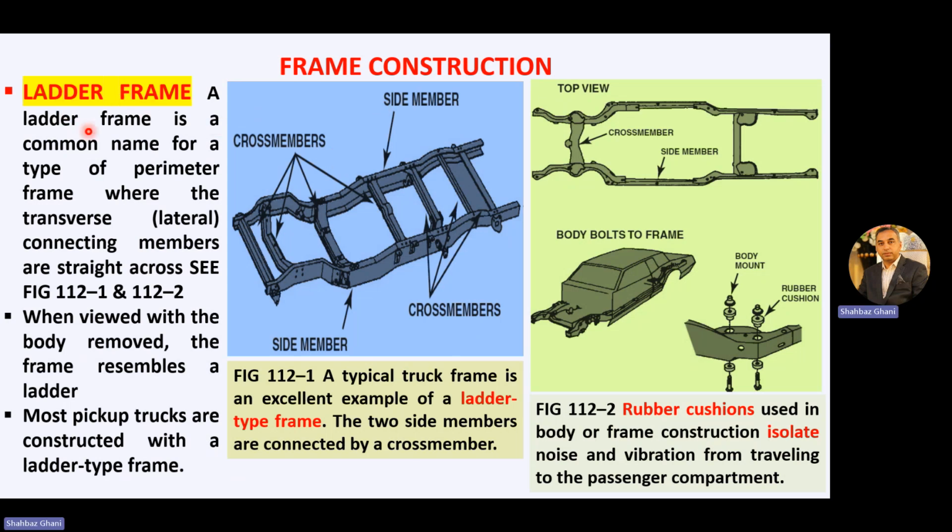A ladder frame is a common name for a type of perimeter frame where the transverse lateral connecting members are straight across. When viewed with the body removed, the frame resembles a ladder.